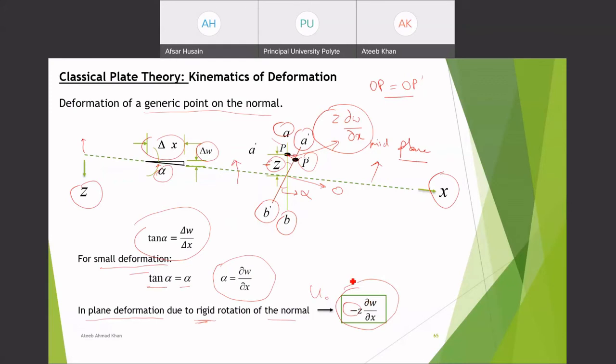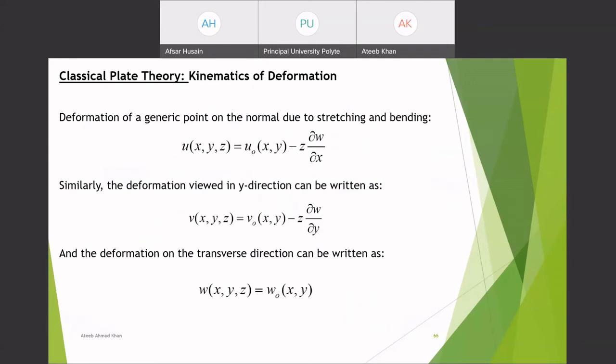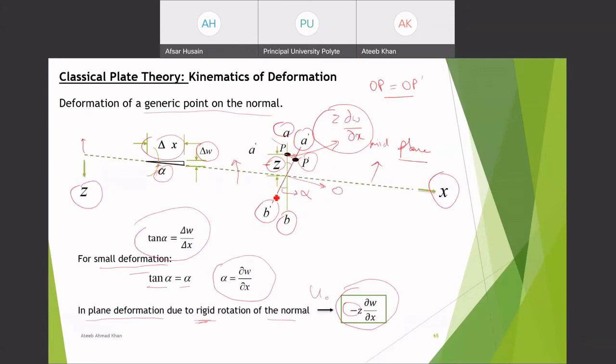And if we are talking about the region below the midplane, then this amount will be subtracted from U naught. So the displacement field in classical plate theory, which you have already seen, is given by U equal to U naught minus Z del W upon del X. That's what we have derived here.